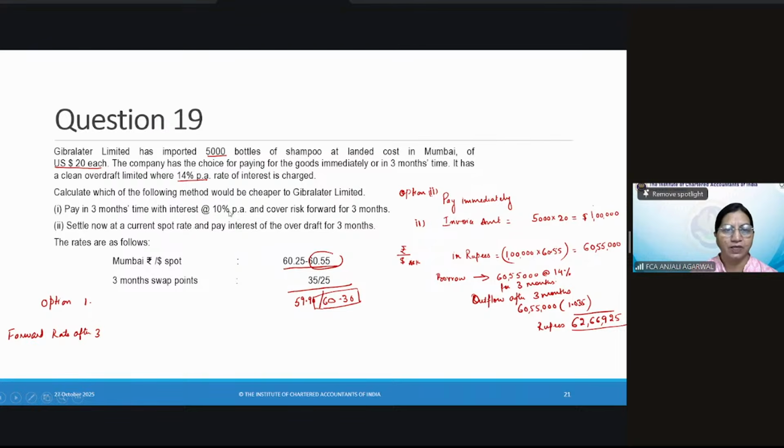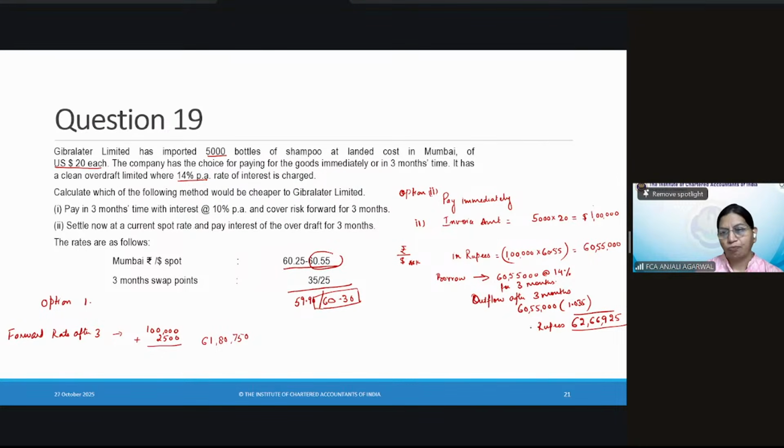He will charge 1 lakh plus 2.5% interest, 2,500. So 1 lakh 2,500 multiplied by 60.30. So the outcome will be 61 lakh 80,000.